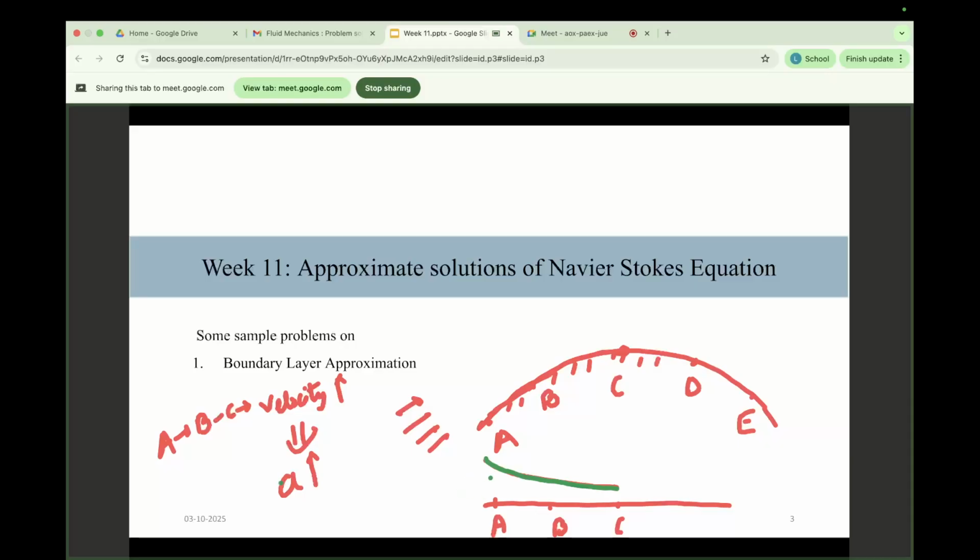If at this point the pressure is PA, and at this point the pressure is PB, which one will be greater? PA will be greater. So up to this I can write dP/dx less than 0. As the pressure is decreasing, this pressure gradient is negative.